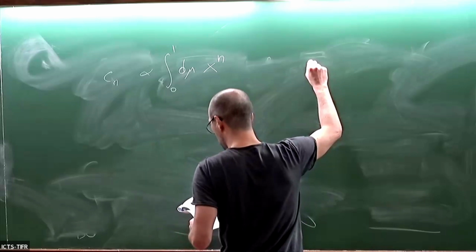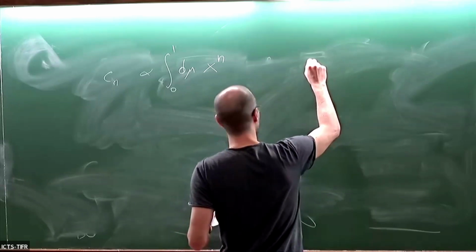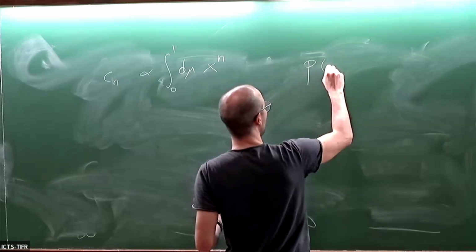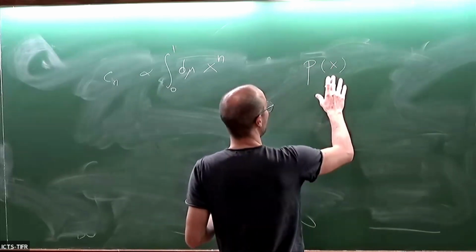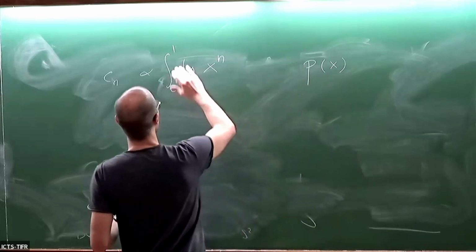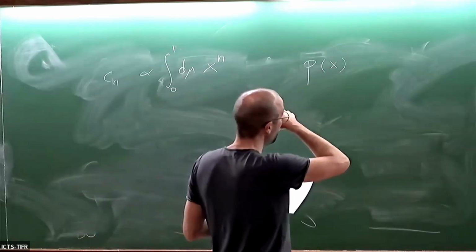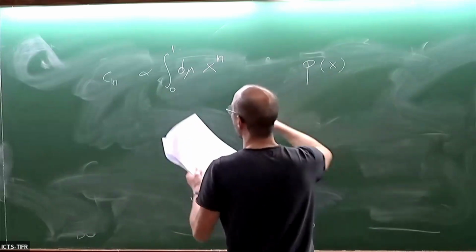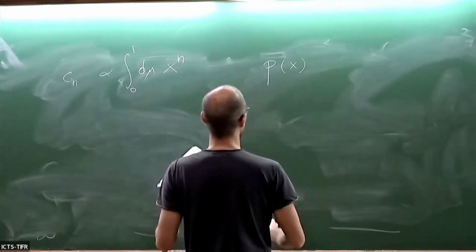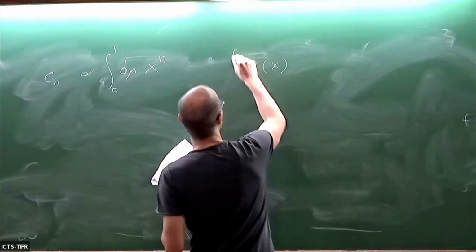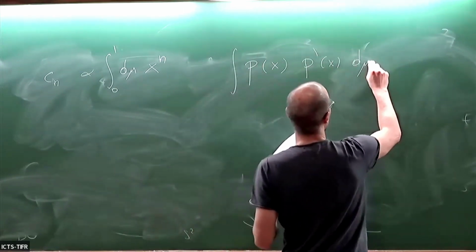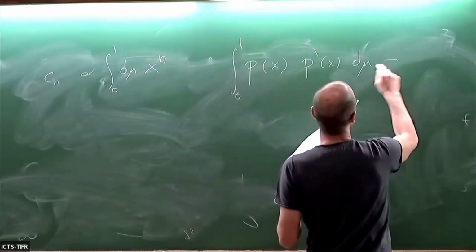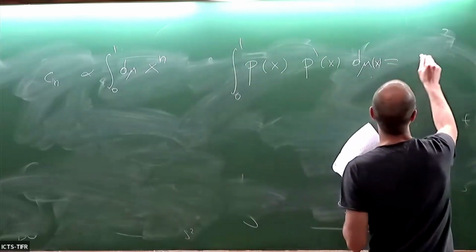That's maybe not the most efficient way of doing it, but let's take polynomials. Let's take a polynomial in x, a polynomial that lives in the interval between 0 and 1. Linear combinations of the polynomials are still polynomials in the same interval, so it's a linear space. I can define a scalar product through the measure that I have, okay?